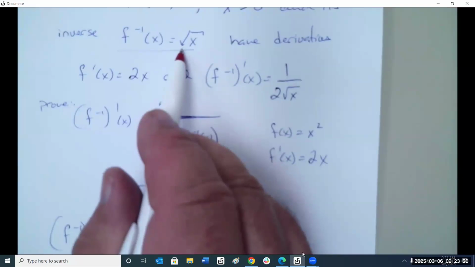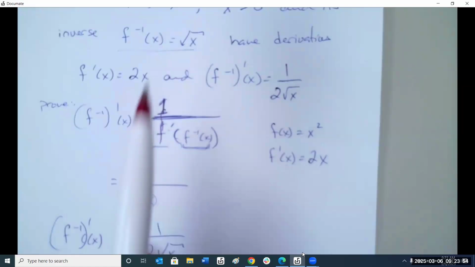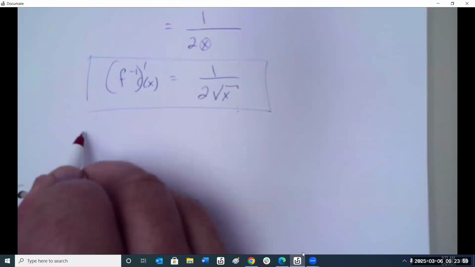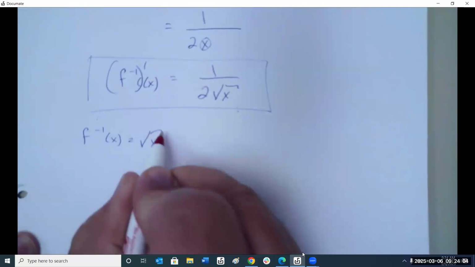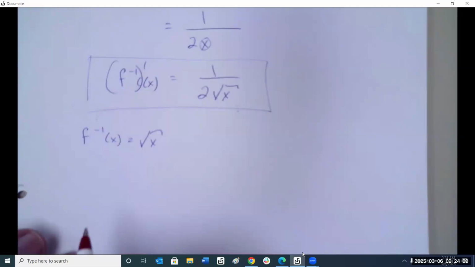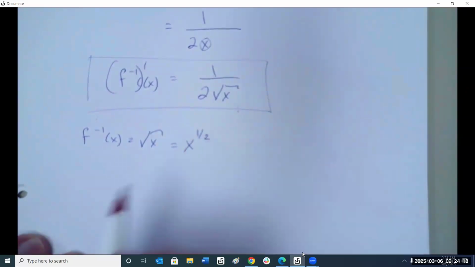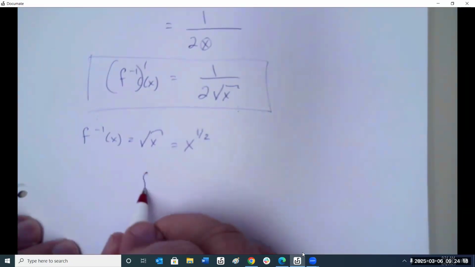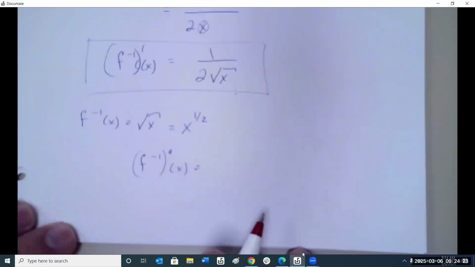Okay, that's the shortcut method. Let's look at this equation here, and let's do it the way we know already. We know this is using theorem 3. If the inverse is the square root of x, up until now, how would we take a derivative of this function? We would first put it as an exponent. So the derivative of my inverse would be what?